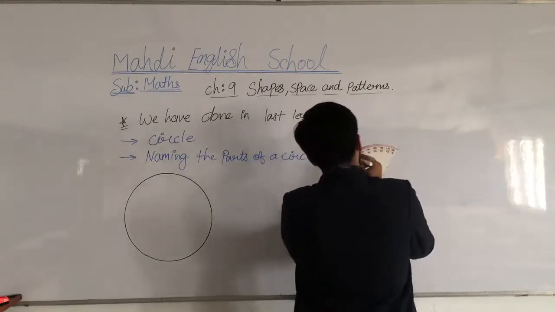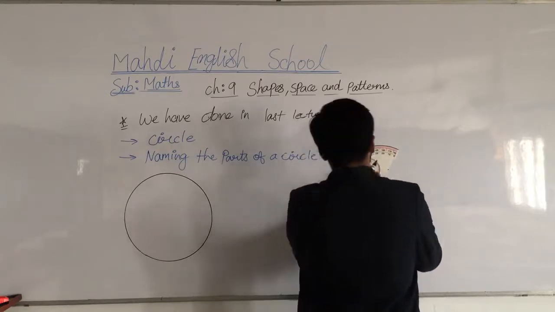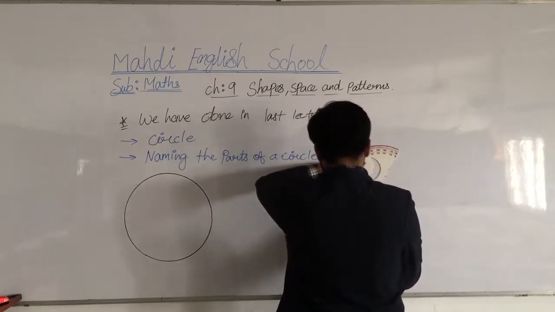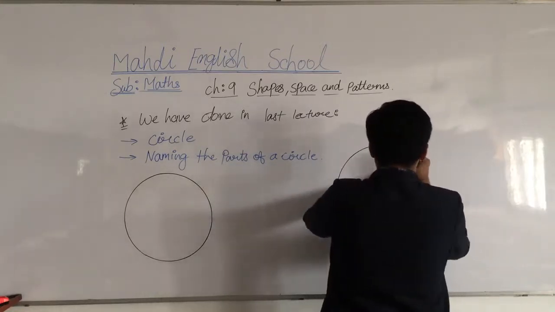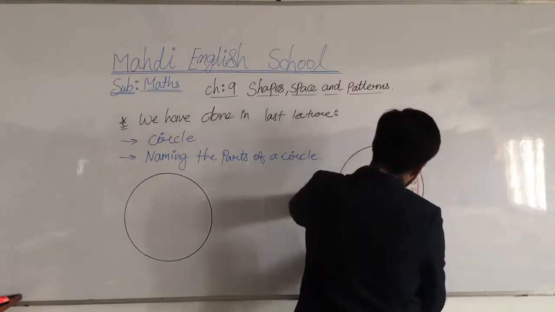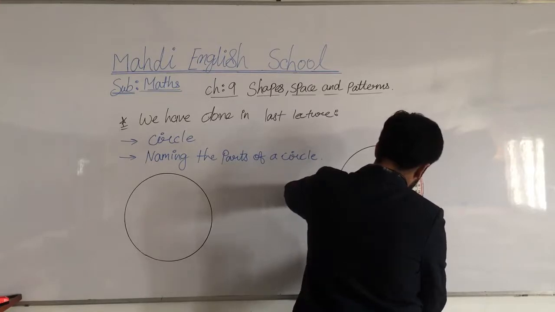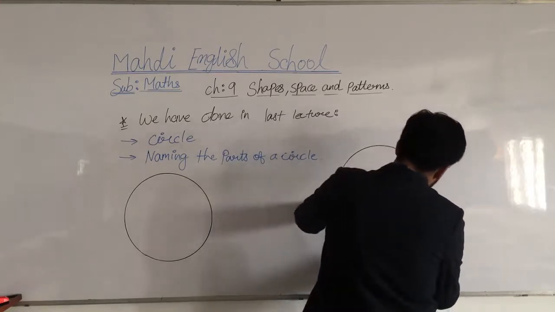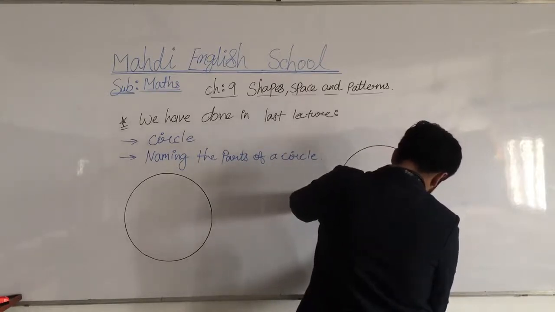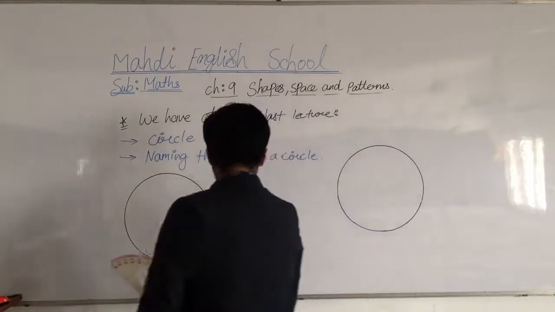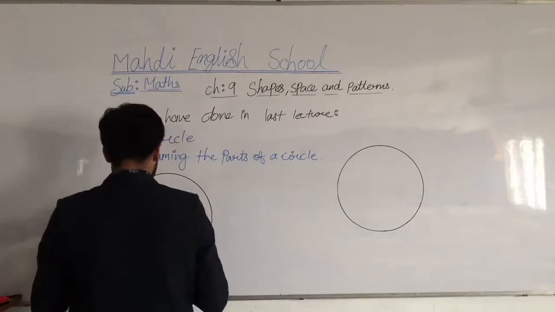You must use a rounder or any round object to draw the circle, like a bangle or any round shape object. We are going to draw all these things.